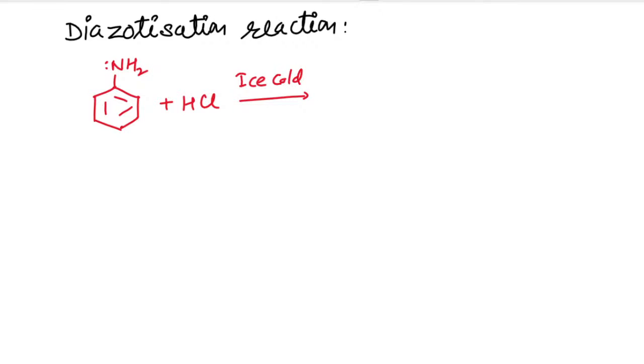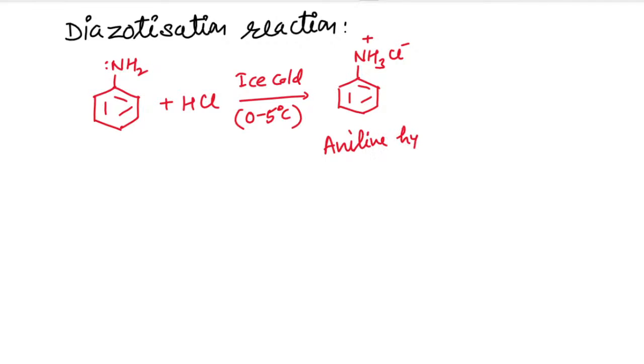Ice cold means 0 to 5 degrees Celsius, 273 to 278 Kelvin. So first of all, we get anilinium chloride, or aniline hydrochloride.